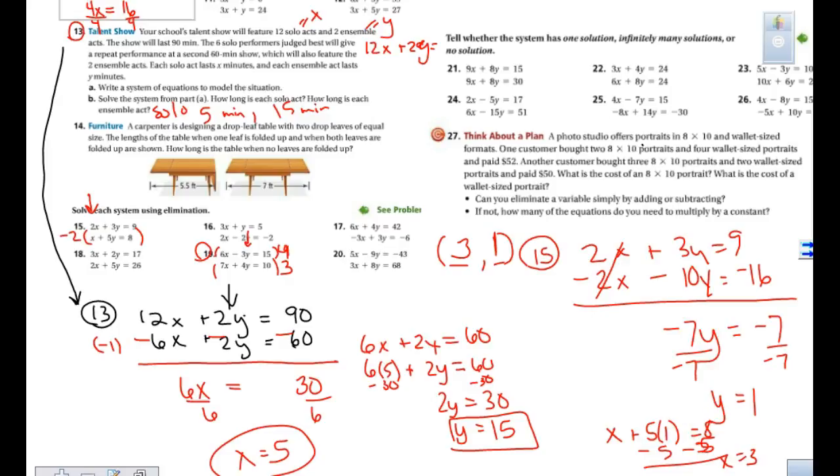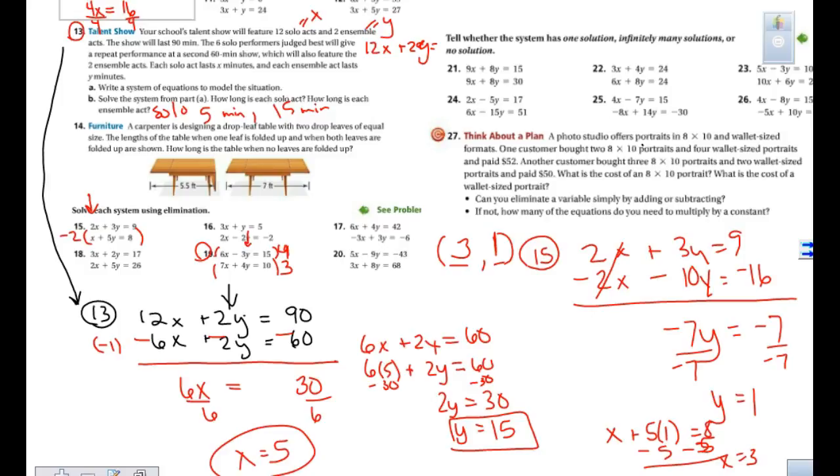17 or 19? 17 or 19, which one do we want to look at? Very similar questions. I'm not going to do both of them. 17? If I do 17, which variable would you eliminate as the easiest one?